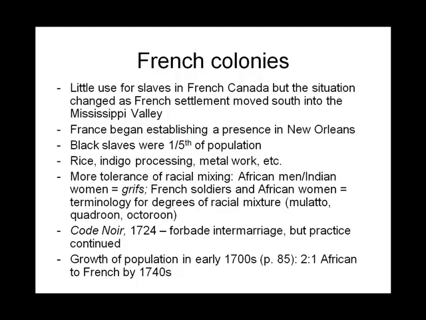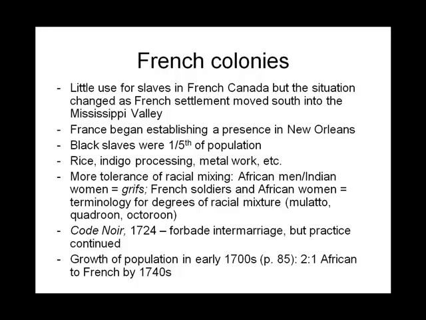The children of African men and Indian women were referred to as griffs. There was intermingling between French soldiers and African women. And from that, you began to develop these terminologies for racial mixing that range from mulatto to quadroon to octoroon.